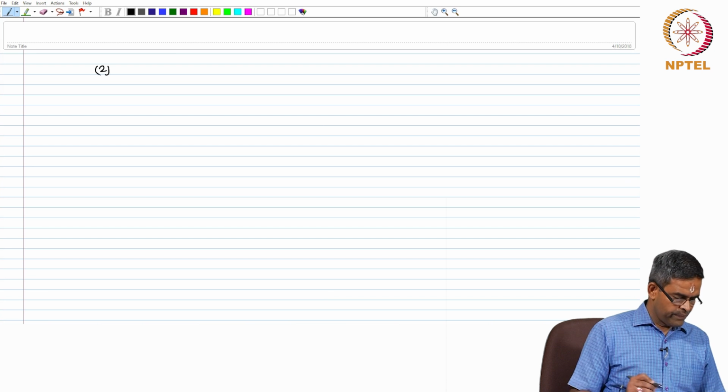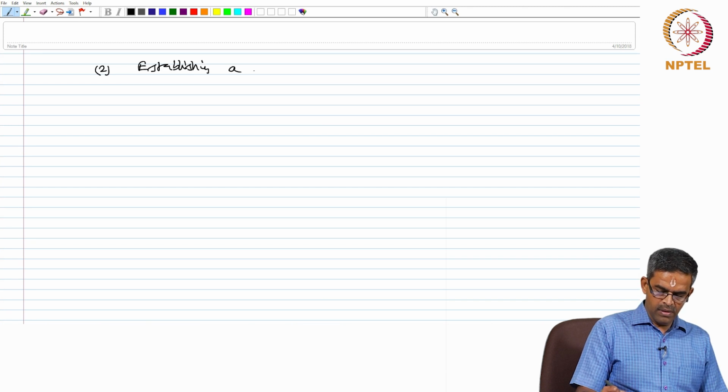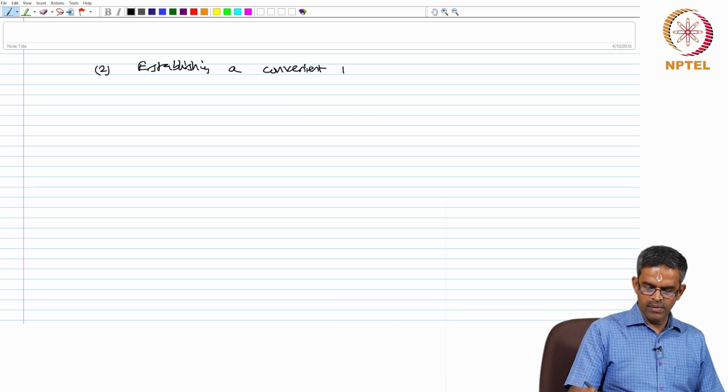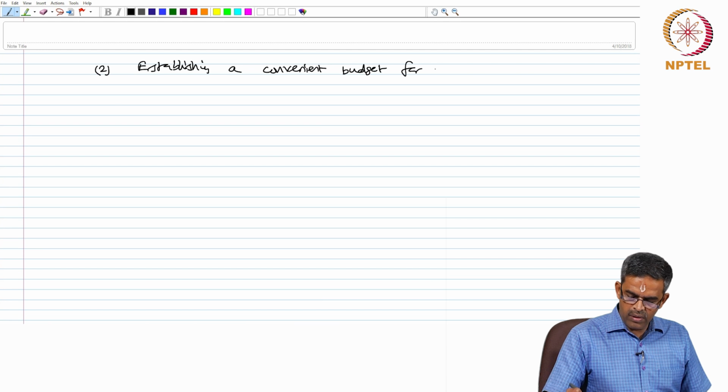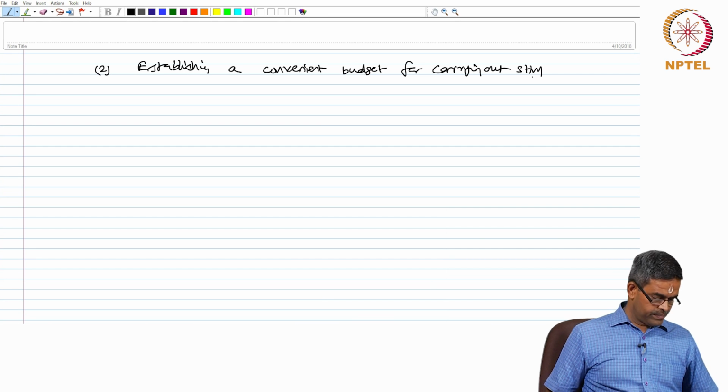The second activity could be establishing a convenient budget for carrying out structural health monitoring.